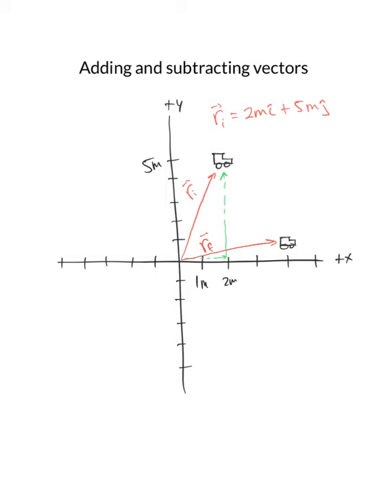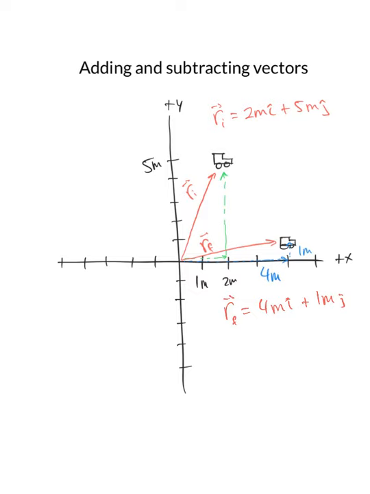And again, we can write r final: how far did we move in the x direction? 4 meters. And how far in the y direction? 1 meter. So we can write the vector r final as 4 meters I hat plus 1 meter j hat.